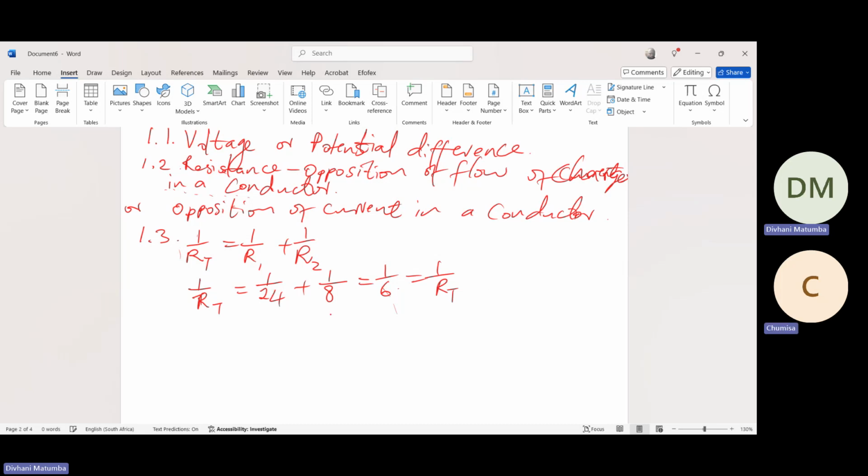Now, what is RT? RT is equal to what? 1 over 6 is equal to, but remember, 1 over 6 is actually 1 over RT. 1 over RT is equal to 1 over 6.